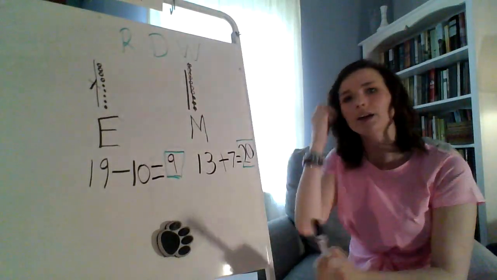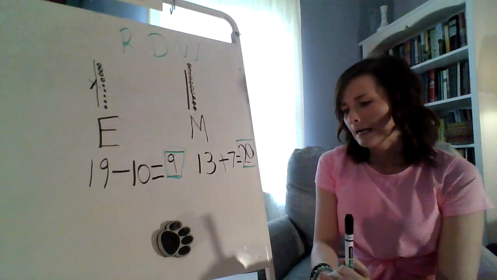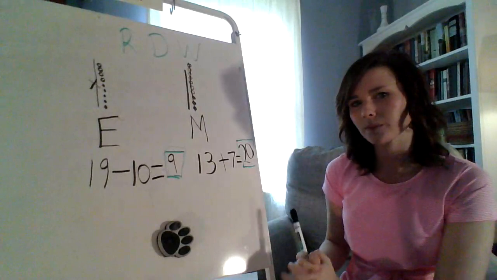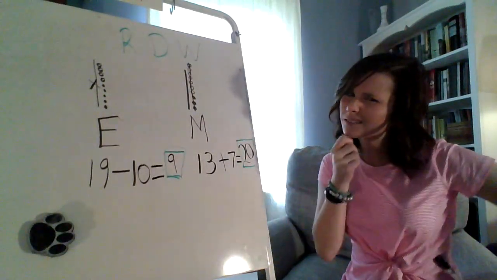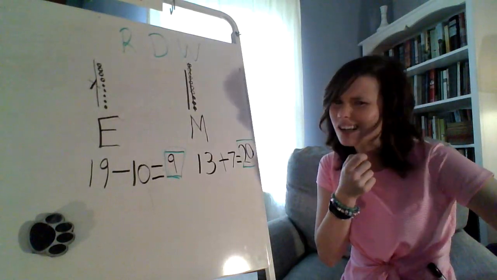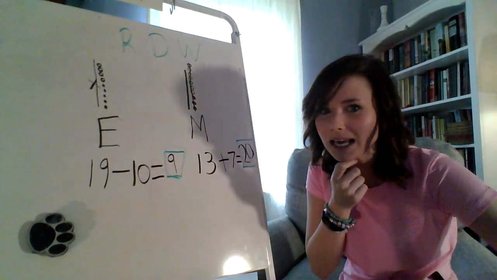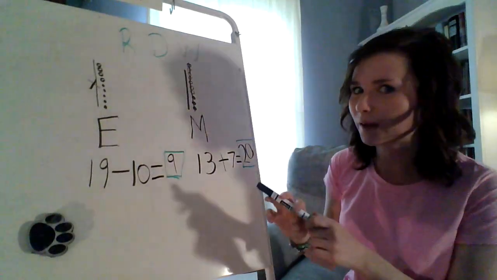How could I compare these numbers? 9 and 20. What could I say? Is 9 greater than 20? No. Is 9 less than 20? Yes! So I could write my statement.